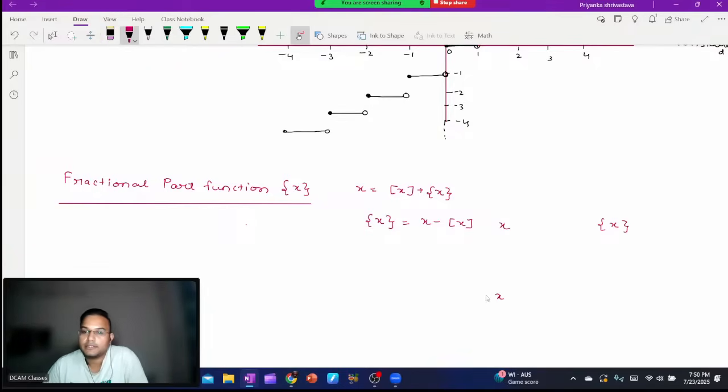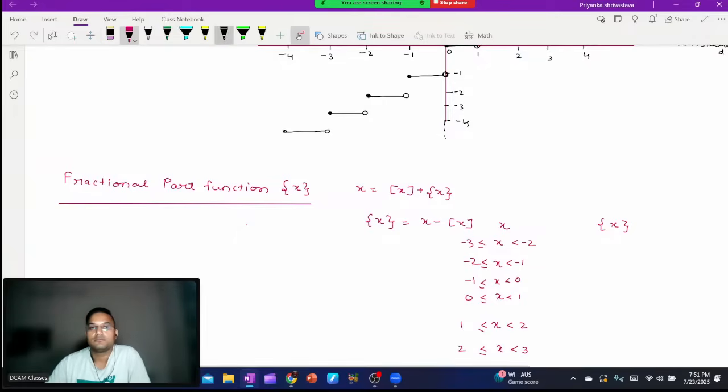For x lying between 0 and 1, for x lying between -1 and 0, for x lying between -2 and -1, for x lying between -3 and -2, and here x lying between 1 and 2, here x lying between 2 and 3. Define this fractional part function because it is x minus step x.